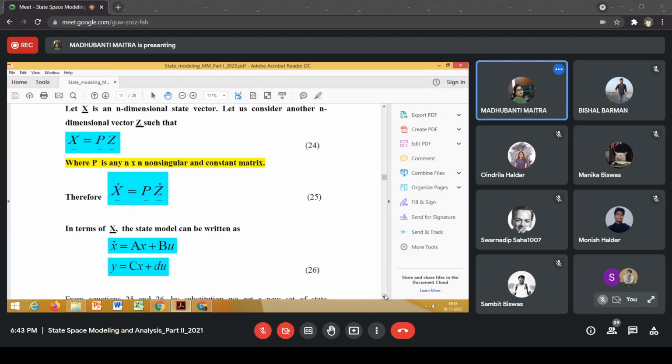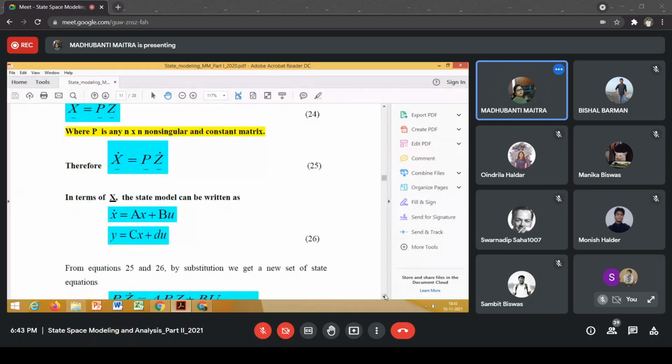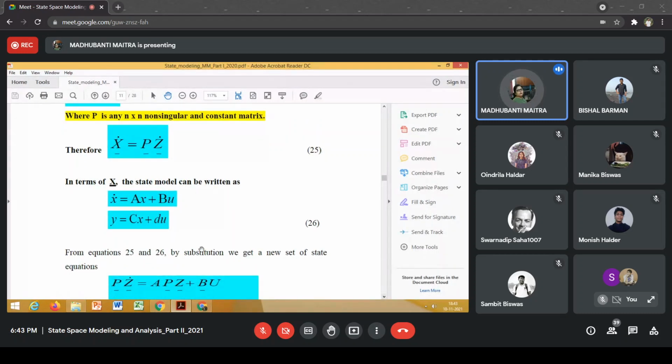So this is our initial state model given by x dot is equal to Ax plus Bu and y is equal to Cx plus Du, what you have written just now. Now here in place of x we'll replace z.